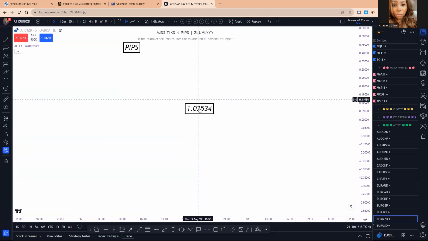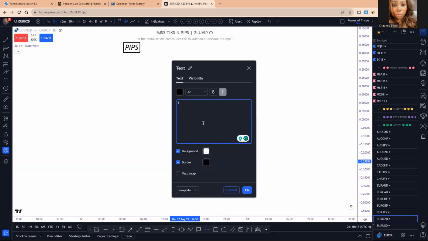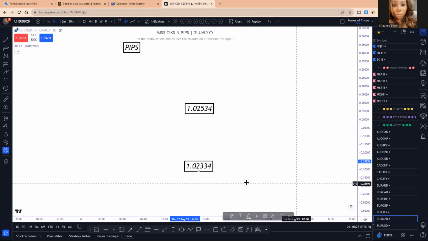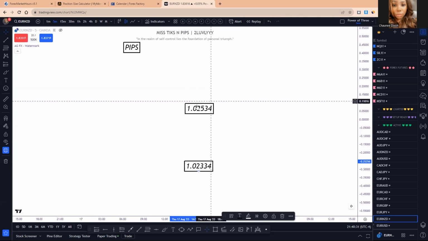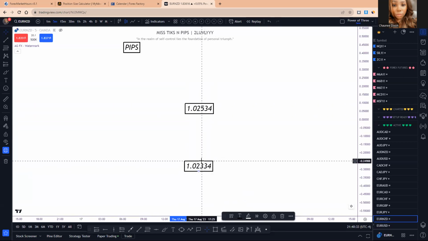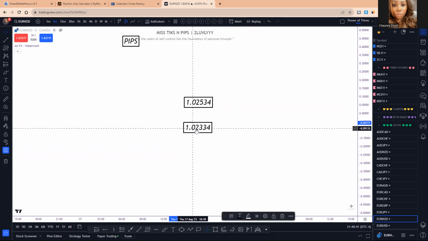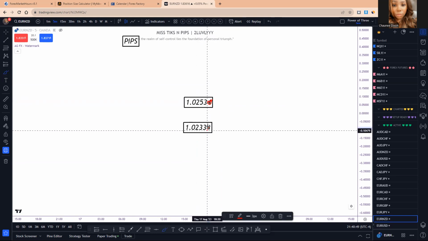In this example, I'm going to give you two different numbers. Let's say this is some currency pair and it went from this price quote and dropped down to this price quote. We need to figure out how many pips that is. You subtract this number from that number, but before you subtract, you get rid of the digit on the end.